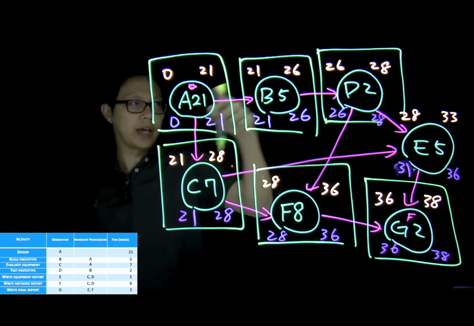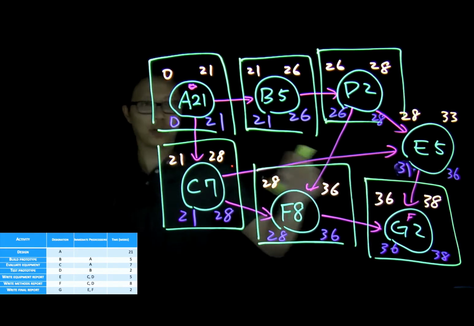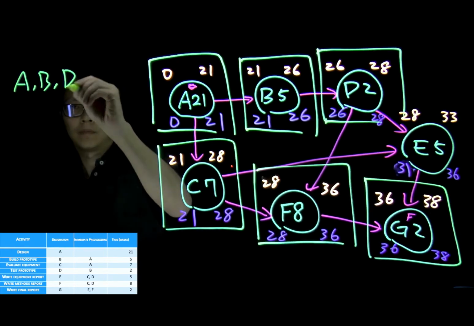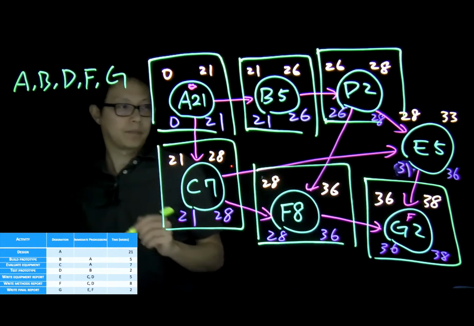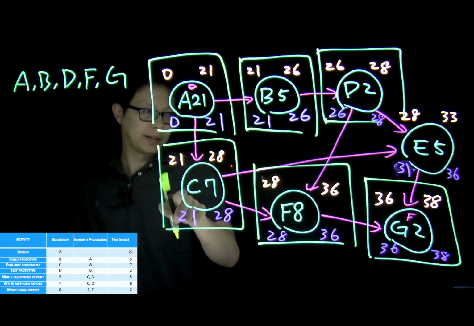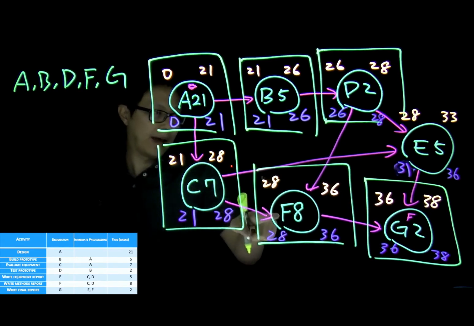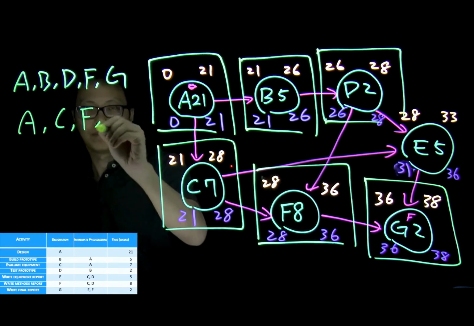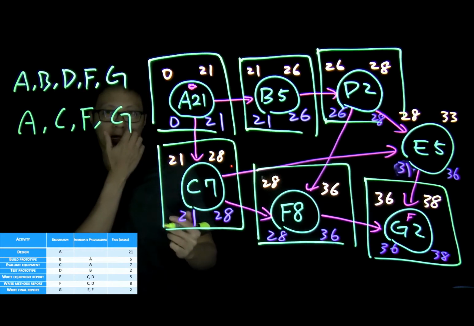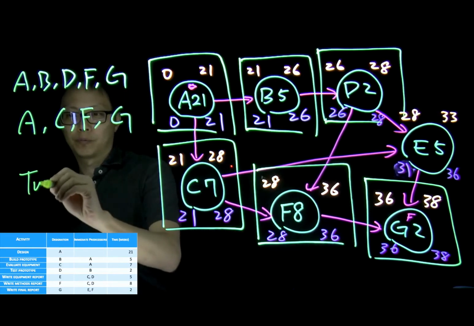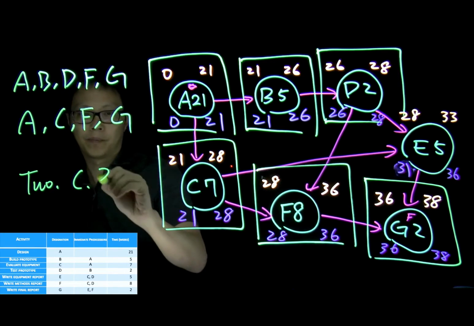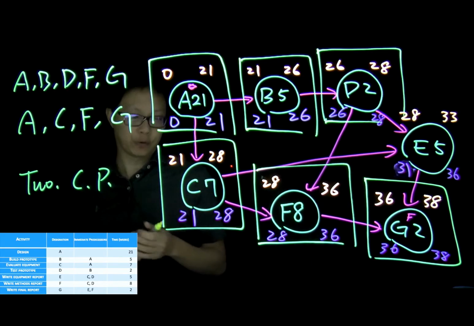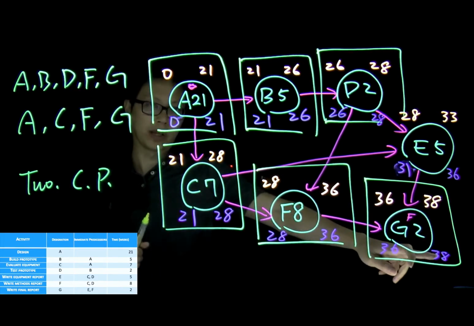We can either do A, B, D, F, G, or we can go from A, C, F, and G. So in this particular example, we have two critical paths, and both of them will tell you that the minimum time required for us to finish the project will be 28.